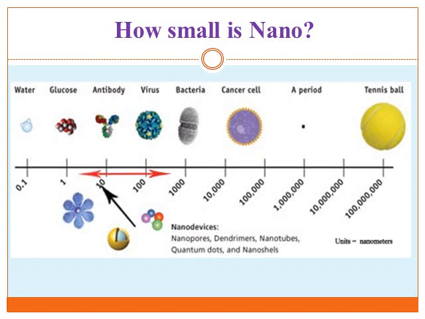So nano is very, very small. When you compare it to a tennis ball, which is very, very big, the nano is in between 1 and 100 nanometer. In the scale of 1 to 100 nanometer, these nanomaterials will fall.